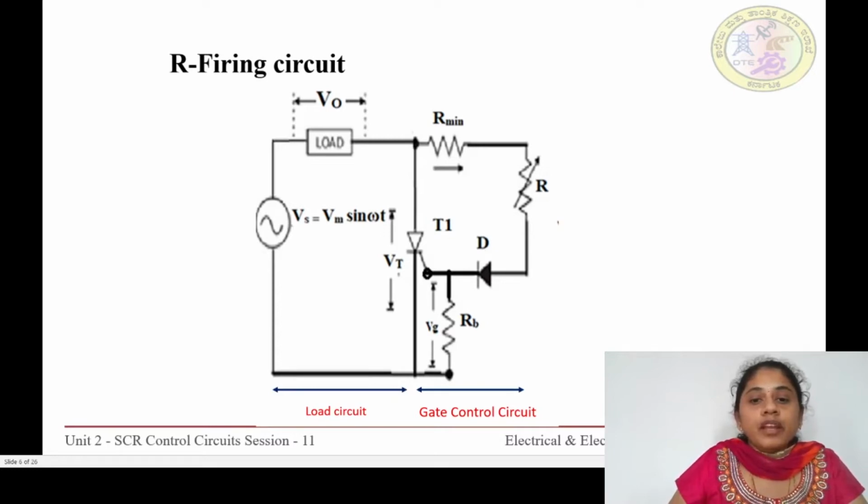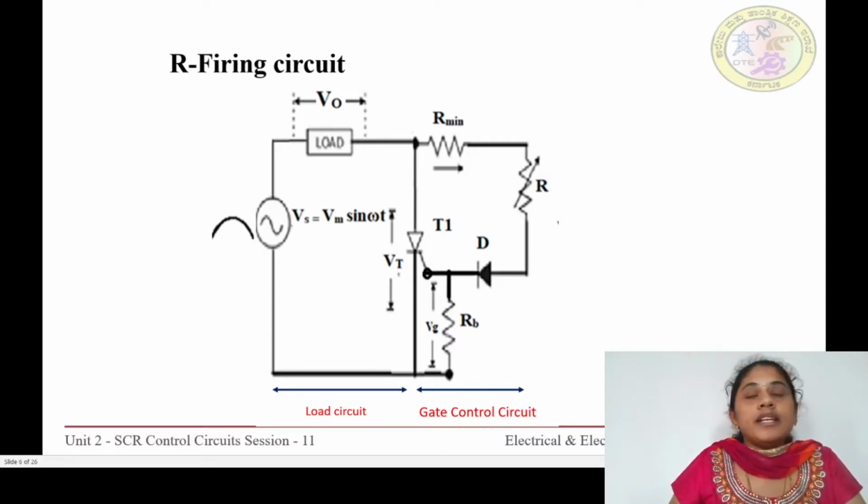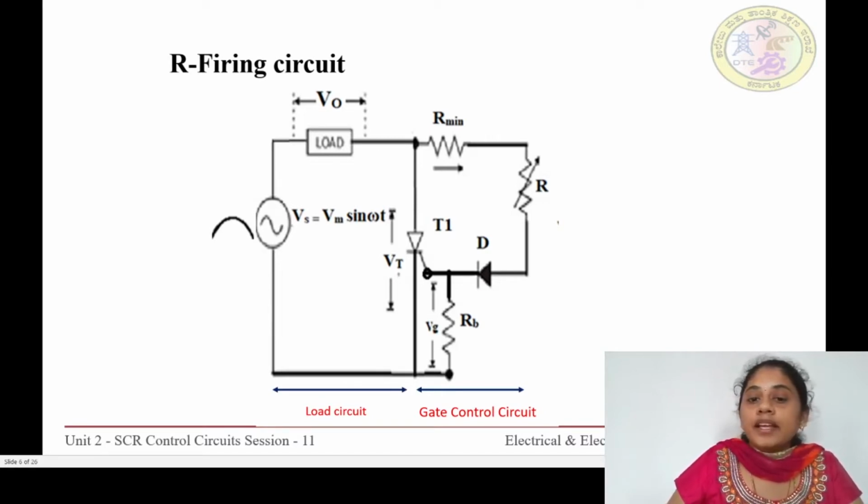Now for this, let us see what happens in the positive half cycle of the supply and what happens in the negative half cycle of the supply. With the positive half cycle of the supply, you can remember the characteristics of SCR. By remembering the characteristics of SCR, we know that SCR conducts only in the forward bias condition, and also if we supply the gate.